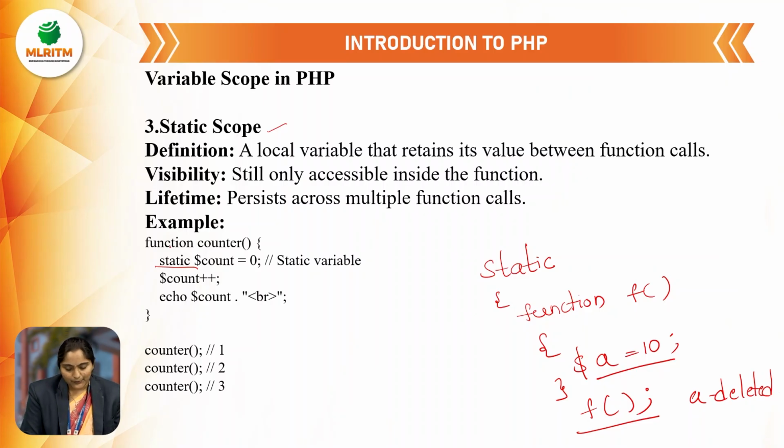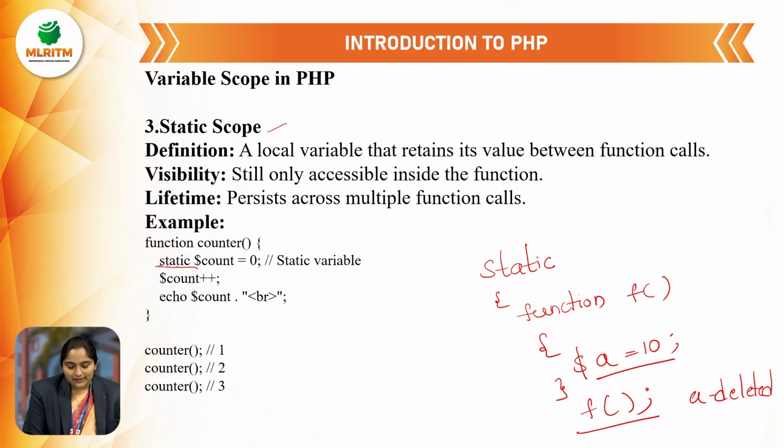And here, the function name is counter, and I have taken one variable count which is initialized to 0, and I have given the static keyword before the count variable. Then I'm incrementing count by 1 and echo $count, which means I'm printing the count value.